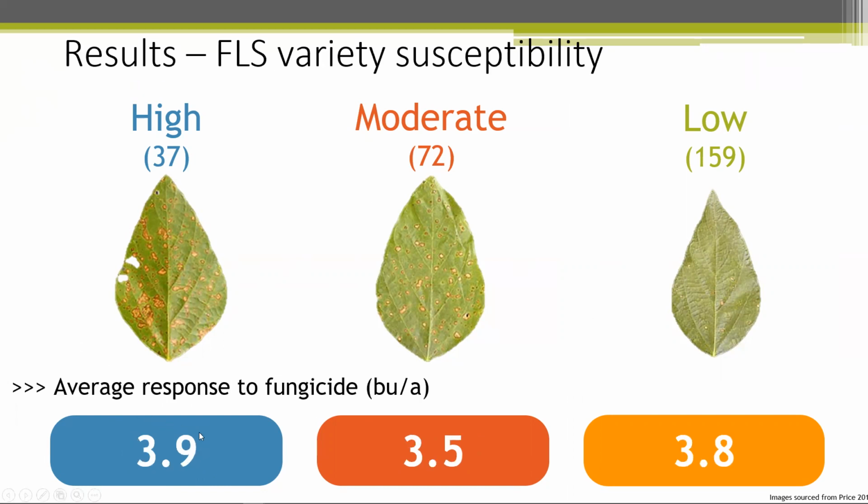Similarly, looking at the average response to a fungicide in bushels per acre, on average it was 3.9, slightly higher in our highly susceptible, 3.5 in our moderate, and 3.8 in our low susceptible varieties. Again, this is just in groupings of frog eye leaf spot susceptibility. Some of this may also be attributed to helping reduce other diseases such as target spot or Septoria brown spot.